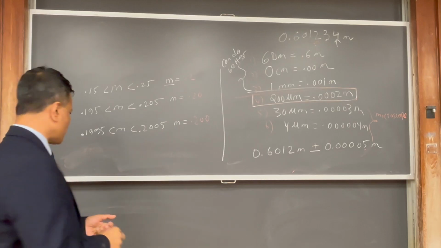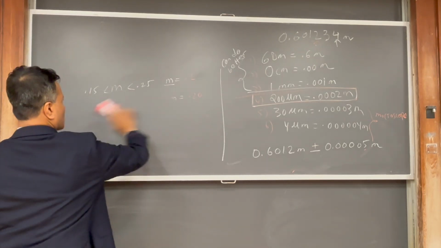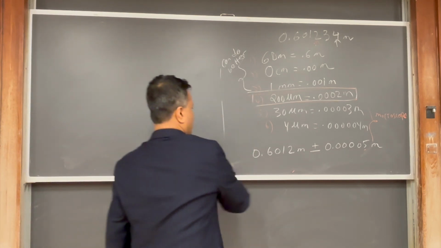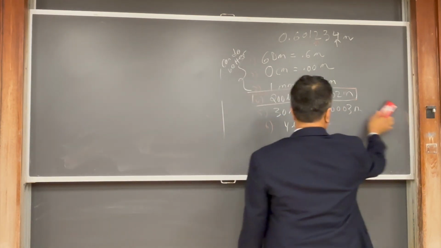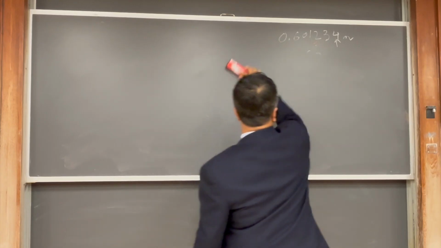Now let me give you some examples of sig fig. I'm going to give you the rules of sig fig and then examples of sig fig. Okay, rules of sig fig.